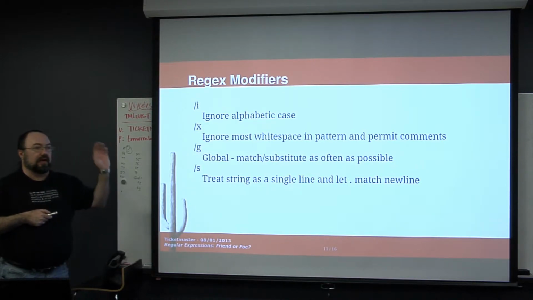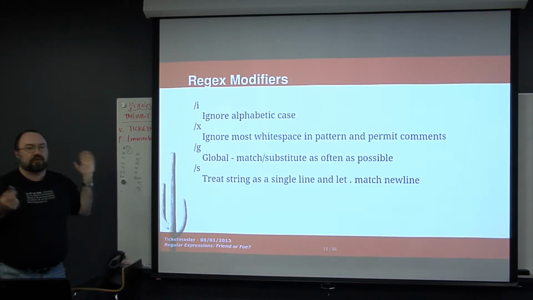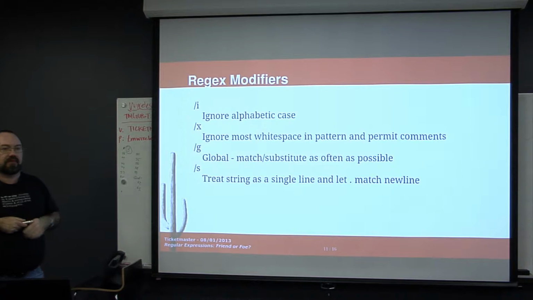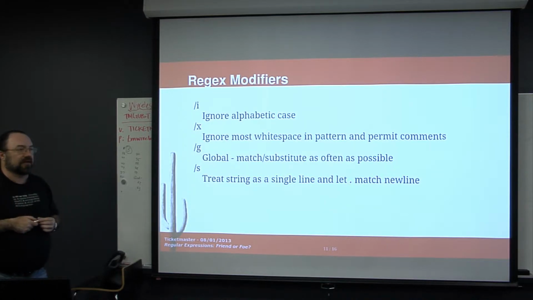So if you've got, like in my earlier example, capital H hello, capital W world, if I put an i at the end and then matched with a lowercase w or a lowercase h, it would match just fine. Because I'm telling it, I don't care about case, just match the letter. So that one is, as you can imagine, pretty common. It's used a lot.